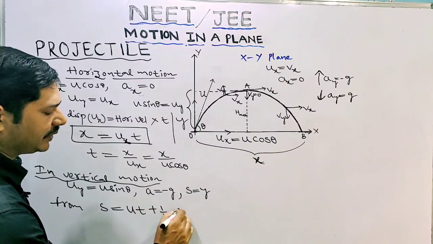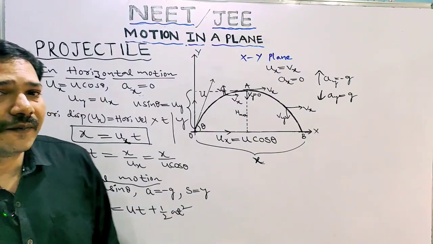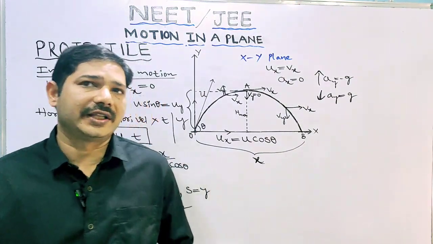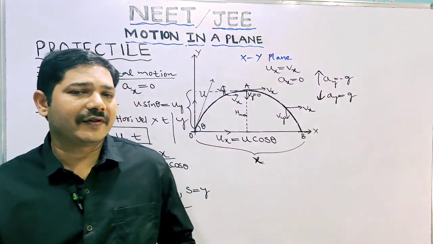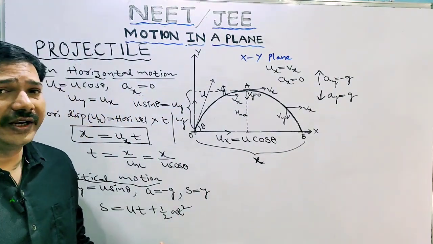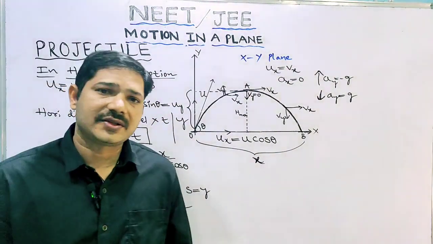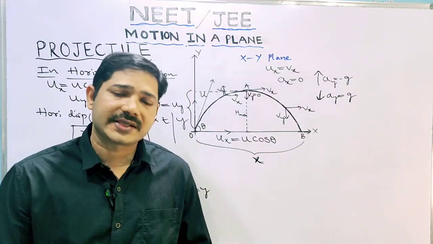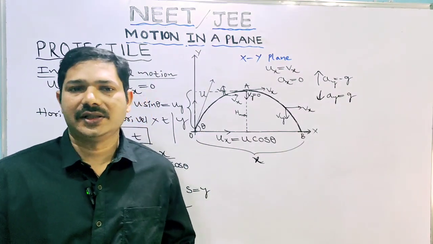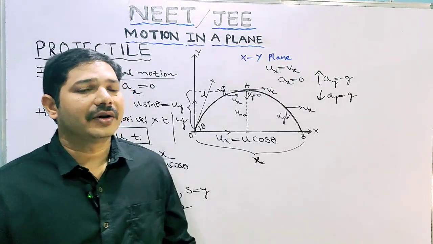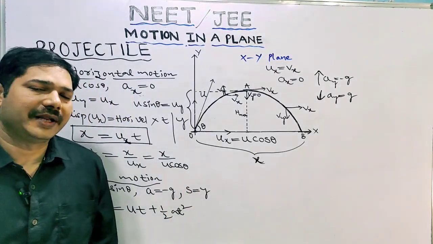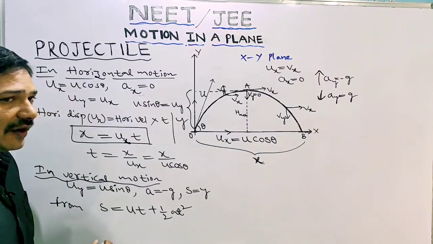We know that in equations of motion there are four equations. One is v equals u plus at, second is s equals ut plus half at square, third is v square minus u square equals 2as, and fourth is s_n equals u plus a into n minus half. For this case I am taking s equals ut plus half at square.